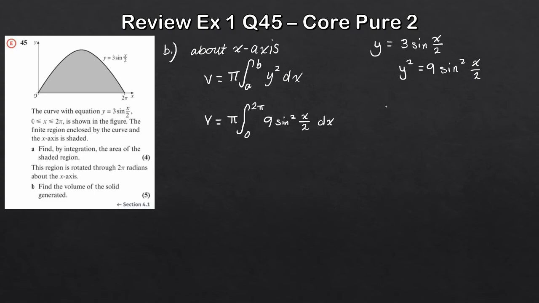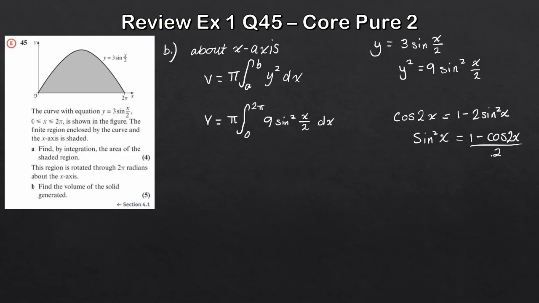One identity that we could use here, if we think about double angle formulas, we could write cos 2x as 1 minus 2 sine squared x. That means we can write sine squared x as 1 minus cos 2x, divided by 2.